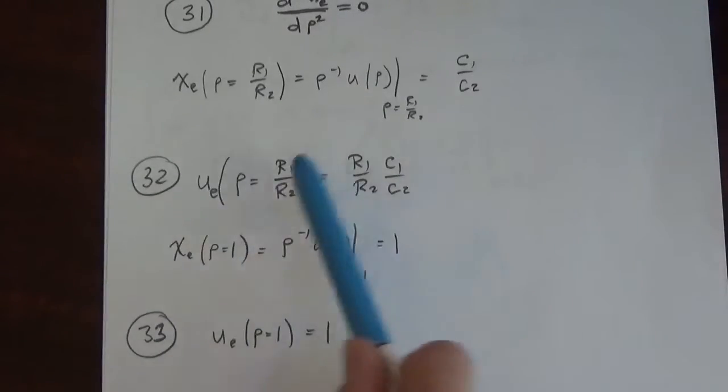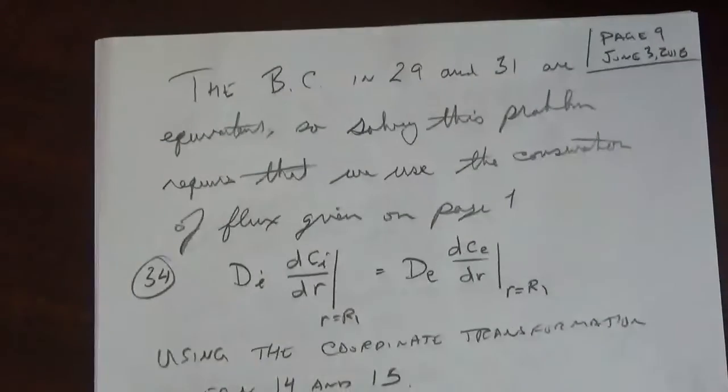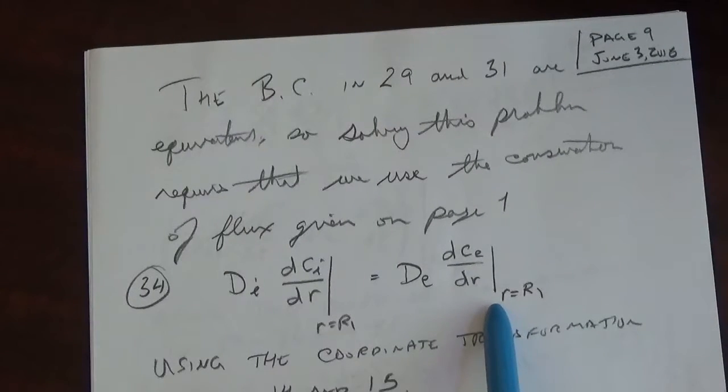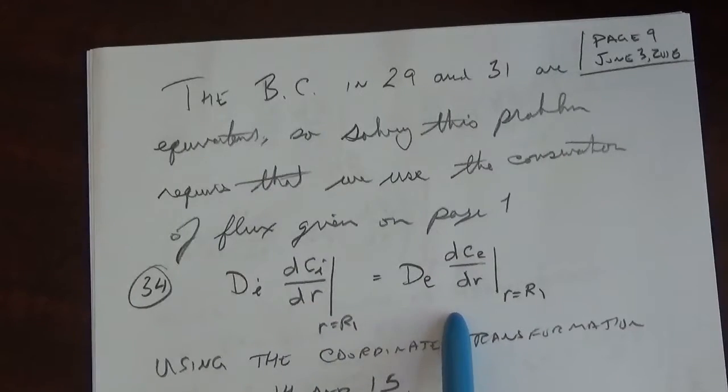Well, of course, this is a redundancy, and because it's a redundancy, we're actually missing a boundary condition. The boundary condition we're going to use is that the flux on the left and the right hand side of the interface between the interior and exterior have to be equal.